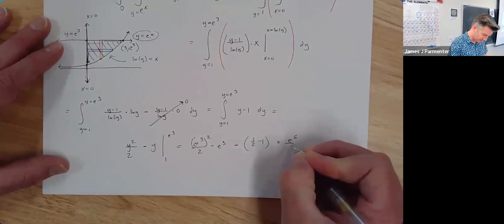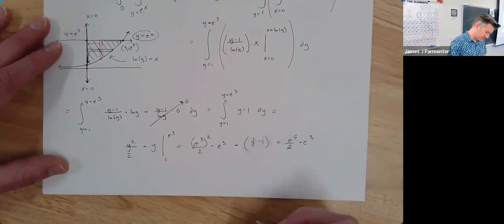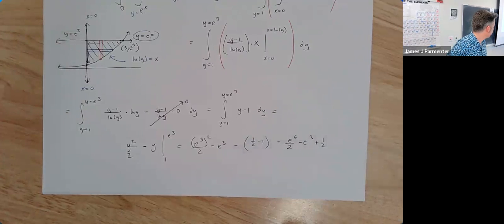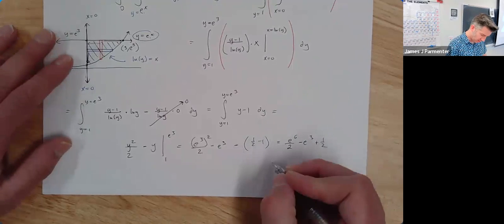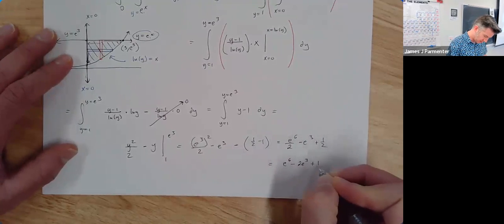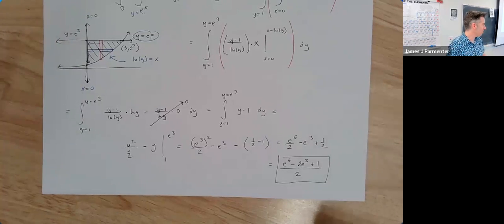That's e to the 6th over 2 minus e cubed, and 1/2 minus 1 is negative 1/2, so minus minus is plus 1/2. I would probably choose to leave it like that. I guess if you really wanted a common denominator, you could write it as e to the 6th minus 2e cubed plus 1 all over 2. I find that not necessary, but it's totally fine.